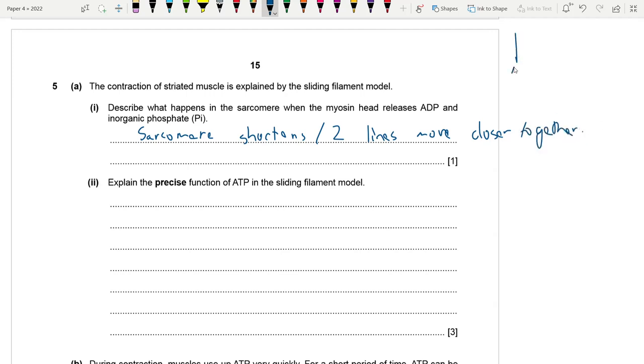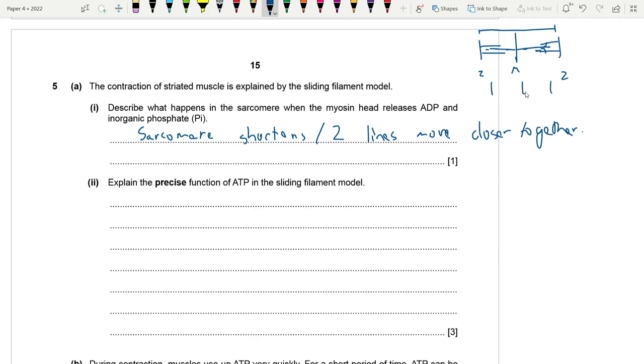So this is the M line, and these are two Z lines. So the section between two Z lines is called the sarcomere. The myosin filament comes from the M line. These are the heads. So when it pulls the actin towards the M line, the Z lines come closer together, right?